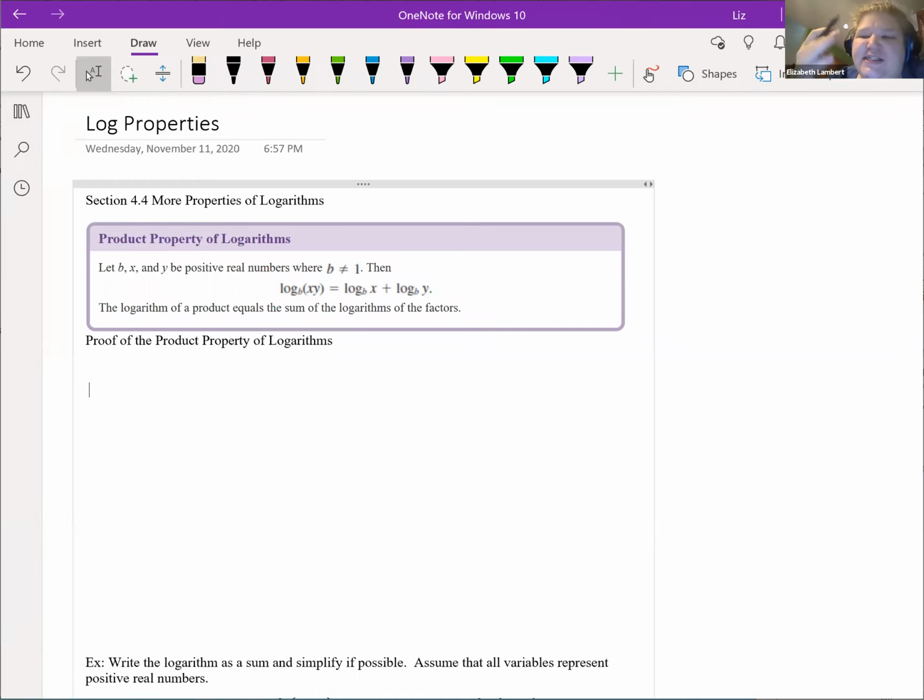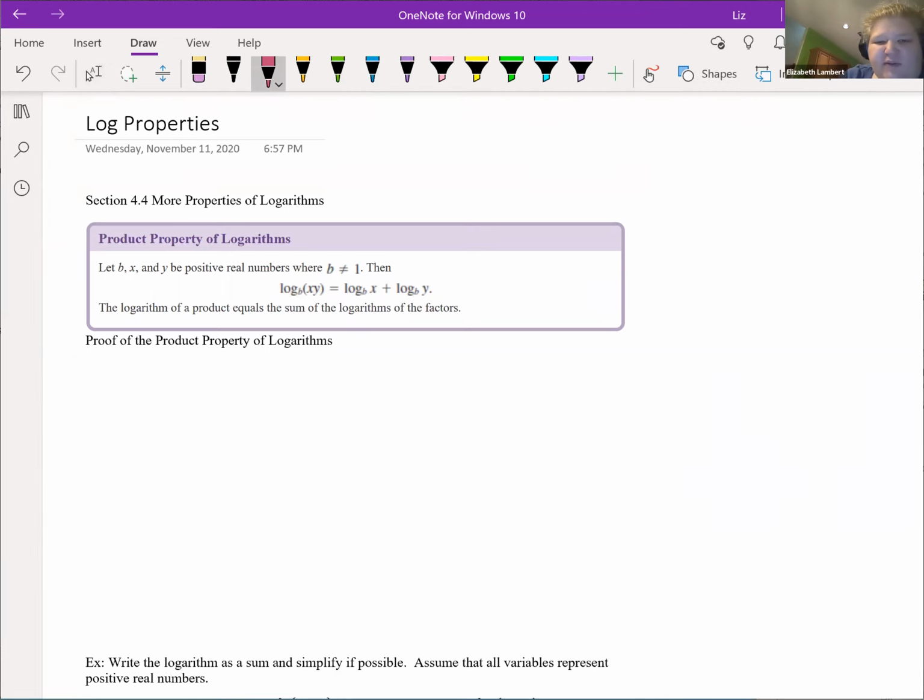So in order to see how this is coming from the exponent rules, though, we have to think about it a little bit weirdly because logs themselves are exponents. So what we're going to do here is I'm going to take that log base b of x and log base b of y, and I'm going to call them something else.